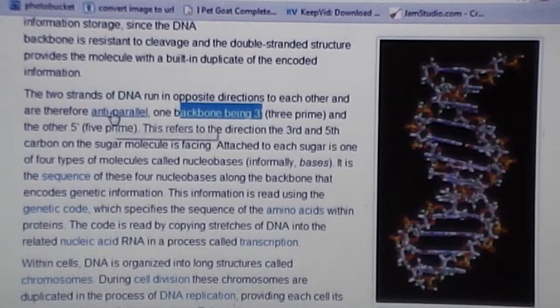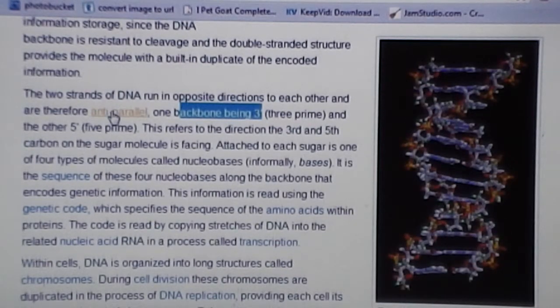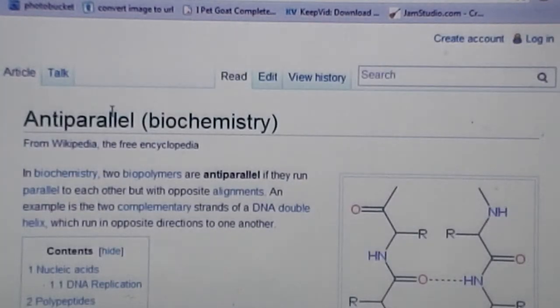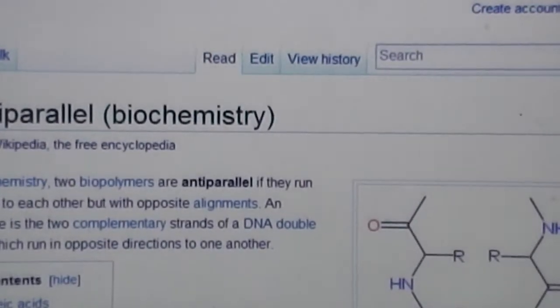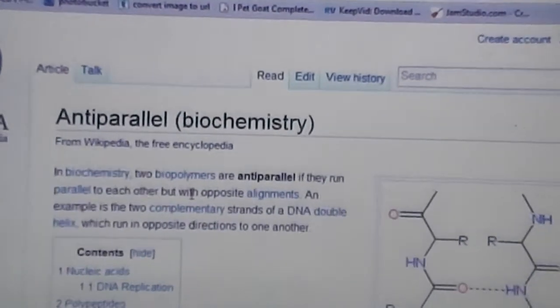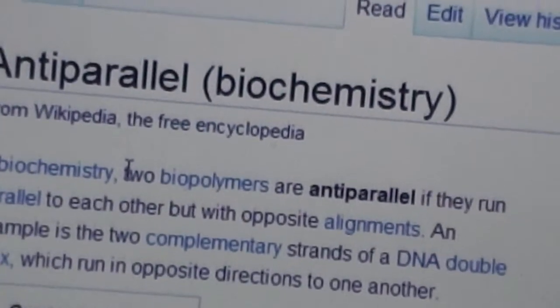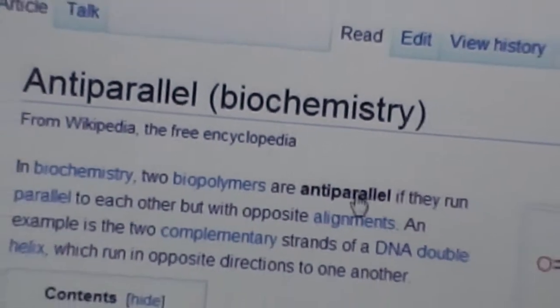Let's click on anti-parallel and see what it has to say here. In biochemistry, 2 biopolymers are anti-parallel if they run parallel to each other but in opposite alignments.